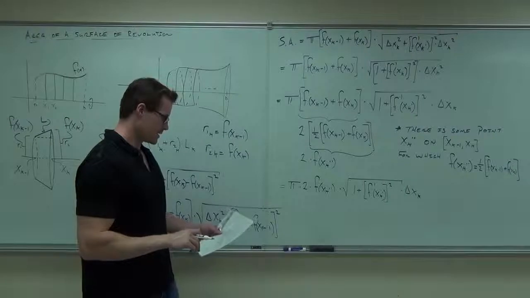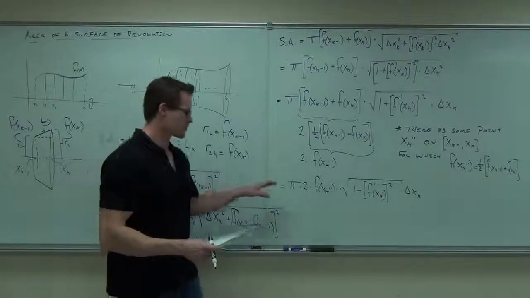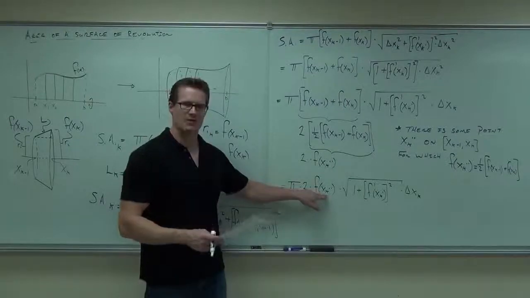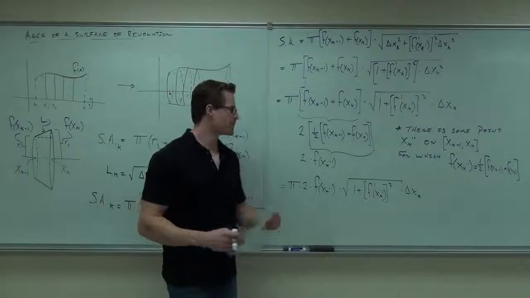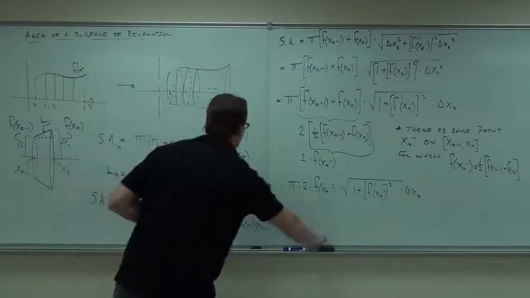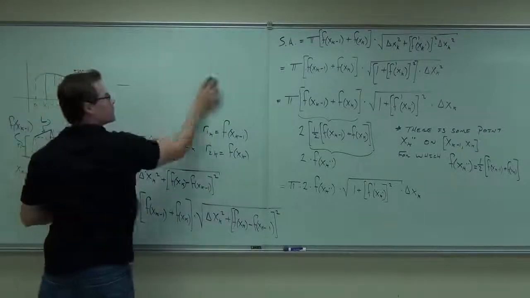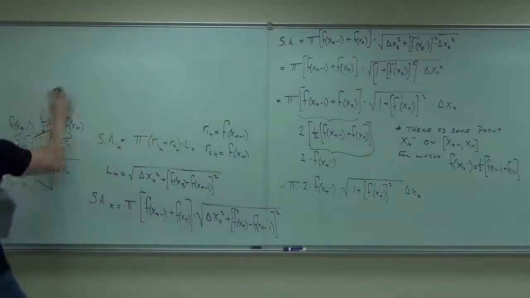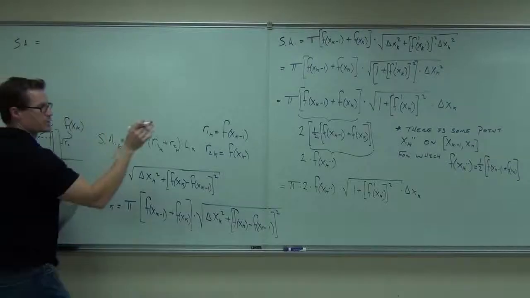So pretty close to done. We'll make this a little bit prettier here. Notice that this is just the approximation for one of them, just for the kth frustrum. Now, in order to get all of them, we're going to add them together. So this was one of them.